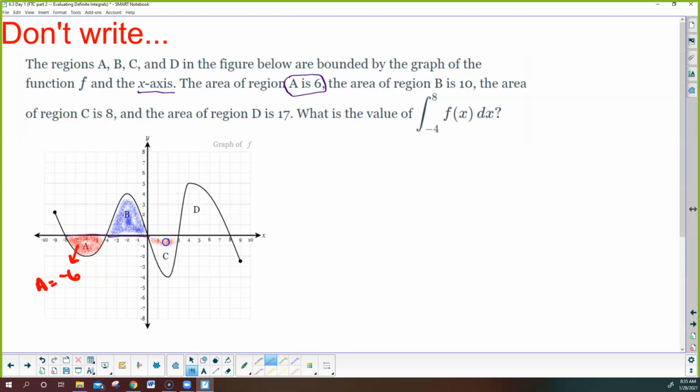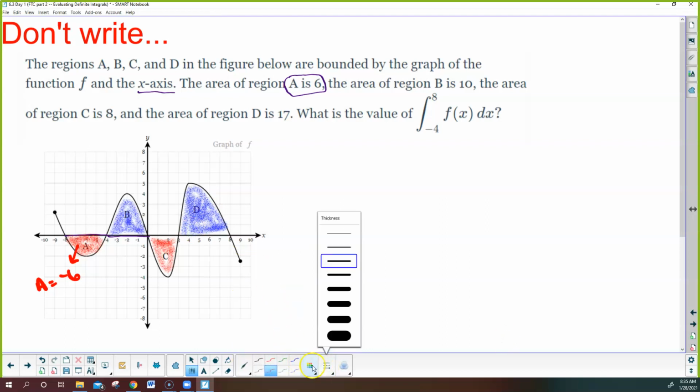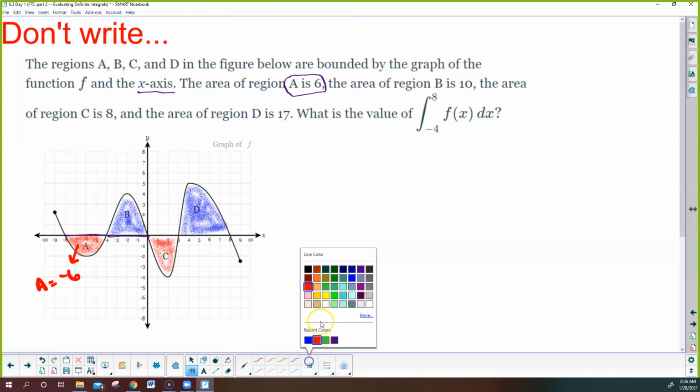Region C then is 8. Now notice, we couldn't calculate these exact areas because we don't know the function, and it's not a nice model, so they have to give us the value for each one. And then region D is 17. So now they can ask me a ton of questions from a problem like this.